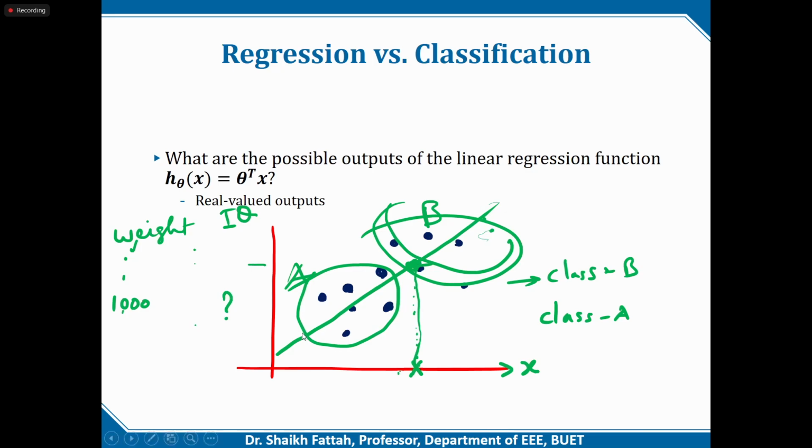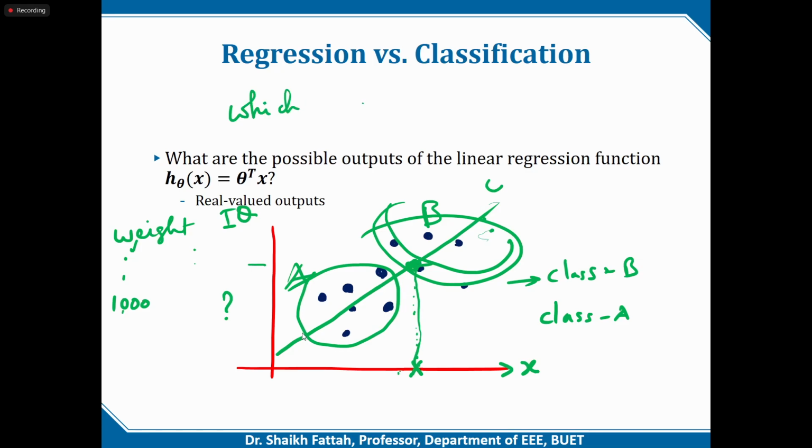Only the value. But now my objective is not like that. If the weight is 1,000, I'm not interested to know what is the value of the IQ. I'm interested to know which class the baby belongs to.